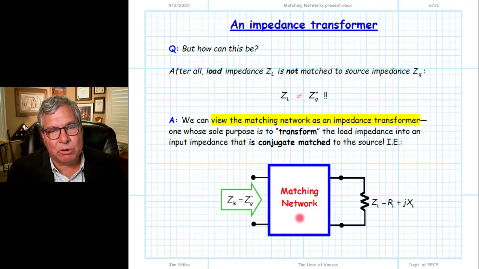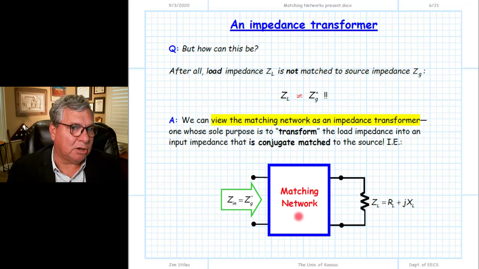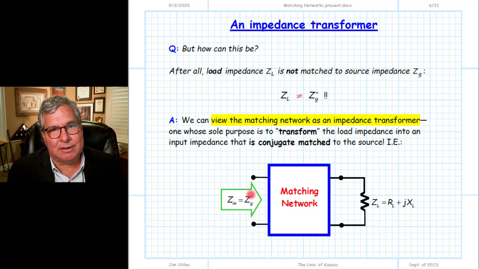Since we place a two-port matching network between the source and the load, what we're really saying to create a conjugate match is that this two-port matching network must transform the original load impedance into a new impedance, and that input impedance then is the complex conjugate of the source that it is connected to. So we look at this two-port device and we interpret it as an impedance transformer, one that transforms the load impedance, which was not equal to the complex conjugate, into a new impedance, an input impedance, which is equal to the complex conjugate of the source.